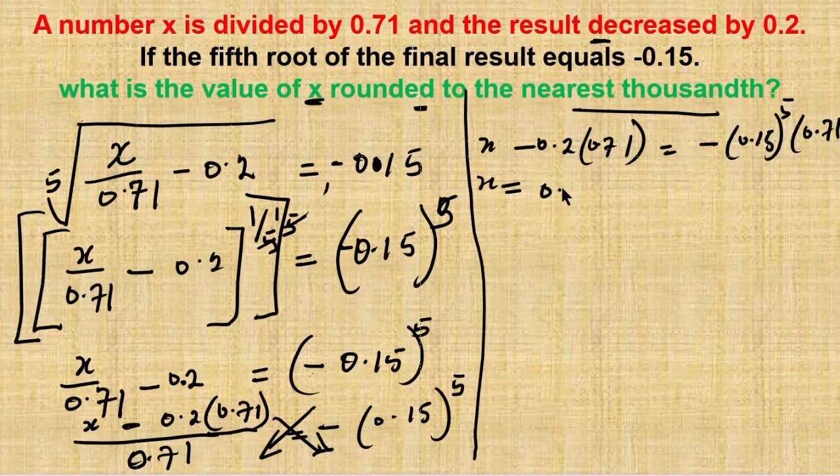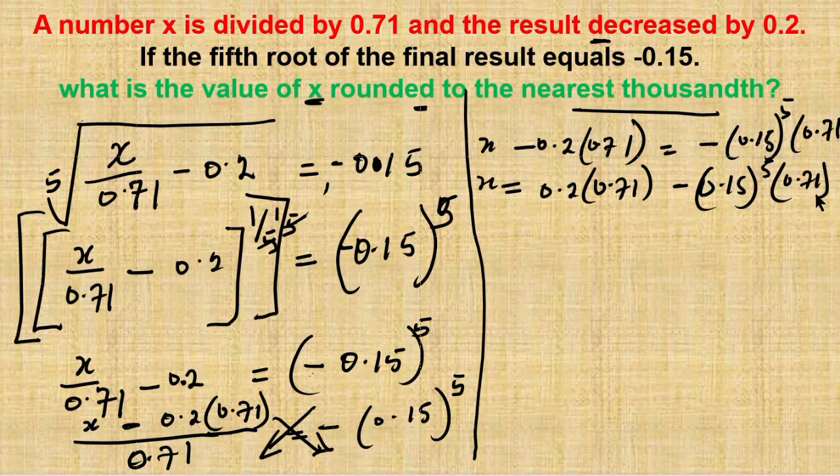So I'll have 0.2 into 0.71 minus 0.15 all raised to the power of 5 into 0.71. Now they share a common factor, 0.71, so we can factorize to make it easier to solve.